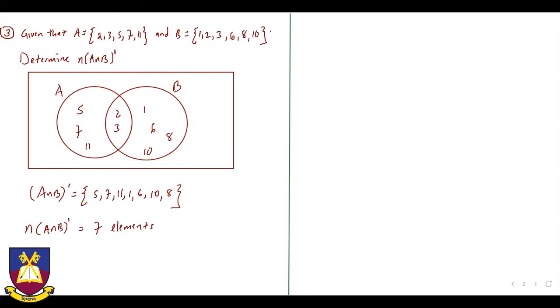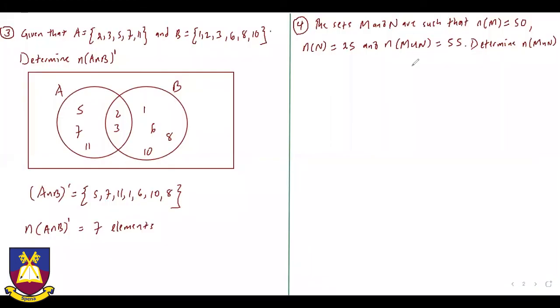Next example. The sets M and N are such that the number of M is equal to 50, the number of N is equal to 25, and the number of M union N is equal to 55. Determine N intersection M, or M intersection N. The easiest way to do this is to draw a Venn diagram.